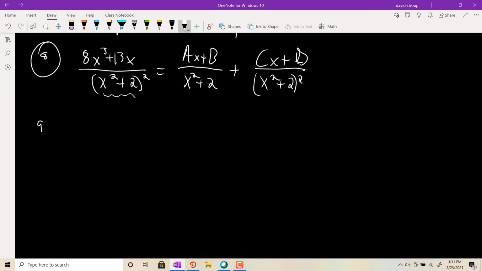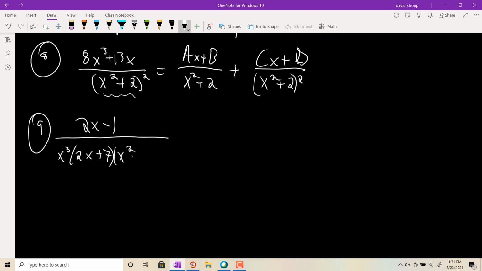Let's look at a hardcore example that combines everything above. Here we have x cubed times 2x plus 7 times x squared plus 5 squared times x squared plus 1. How many fractions are we looking at? 1, 2, 3 from that one, 4, 5, 6, 7.